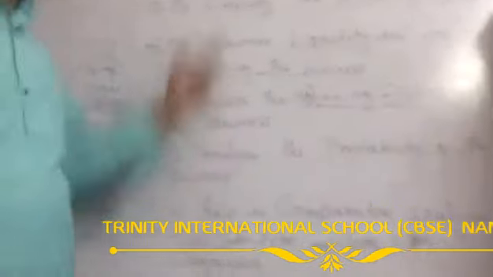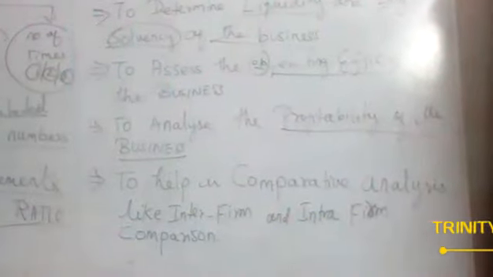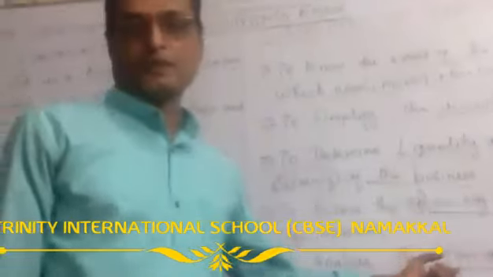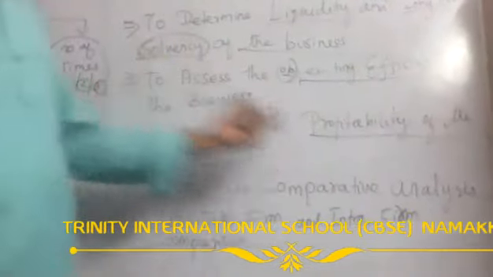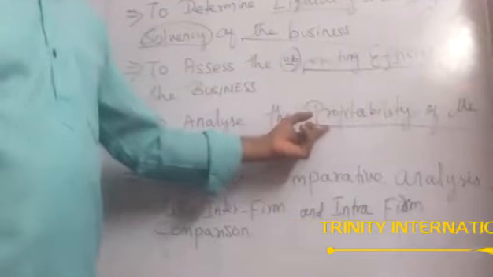We want to assess whether we are going on the right path or not, based upon the accounting ratio. Then to analyze the profitability of the business, whether our business is earning profit and in what way. Profitability is very important, since business naturally runs on the profit motive.